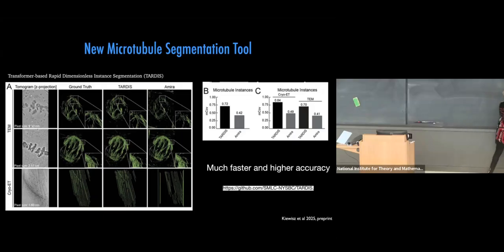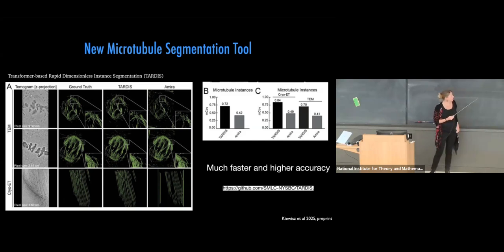You can see the ground truth, which is one of us manually tracing, assuming that we do it somewhat all correct. And then you can see TARDIS and Amira, and you can already see on the top one that there's huge differences, right? And you can also see it in the plots next to it.